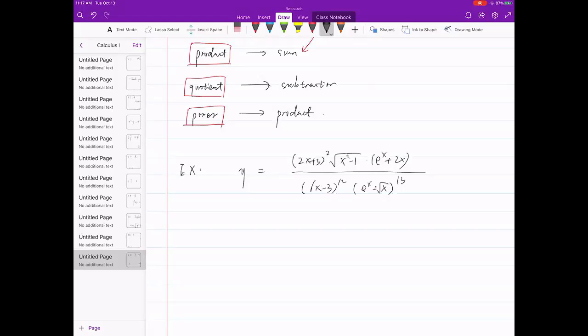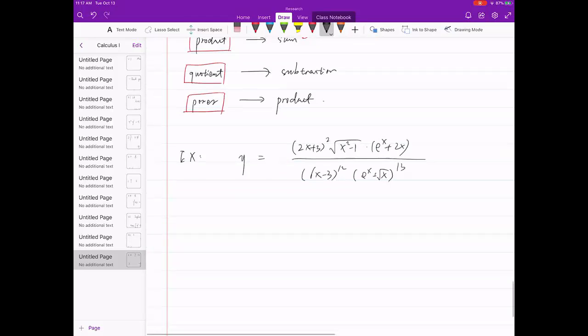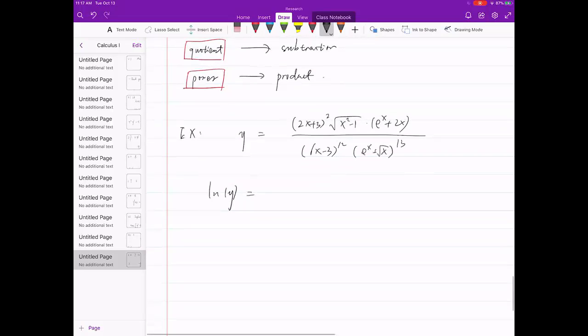Okay, it's gonna be very long, very confusing. But if you just apply ln, what you realize is this one is going to be ln something plus ln something plus ln something minus ln something minus ln something. Okay, there's no more product. There's no more power anymore. So the whole thing becomes super easy.